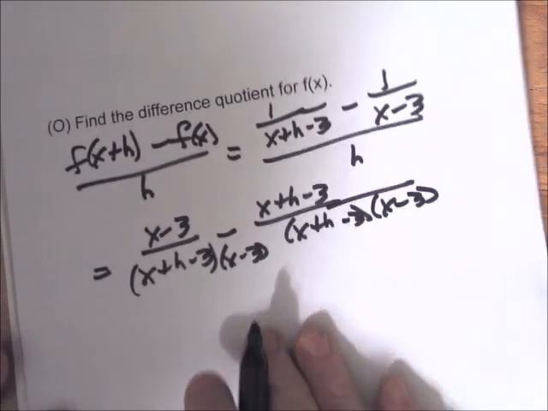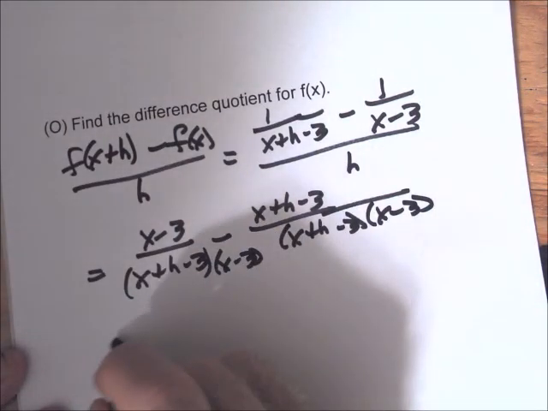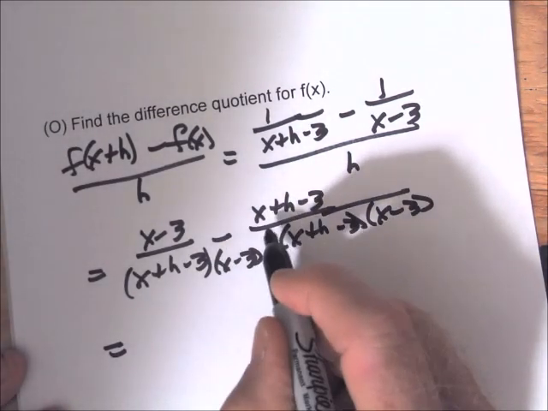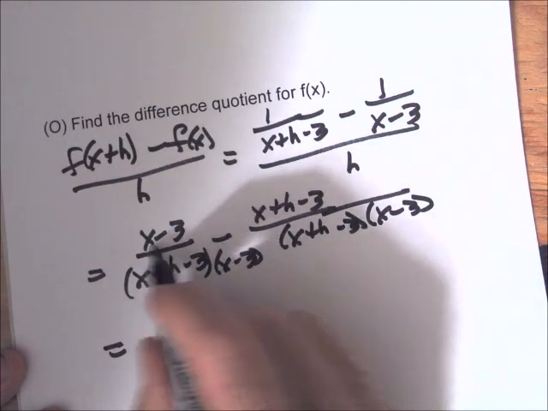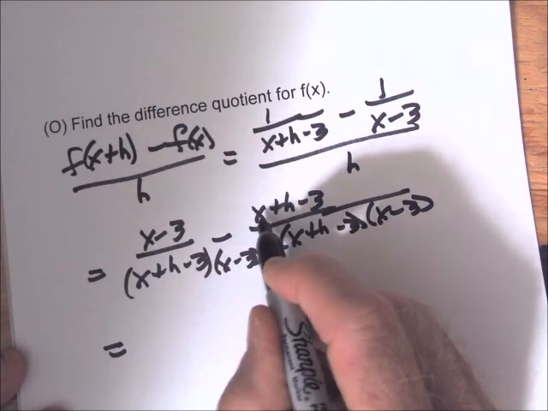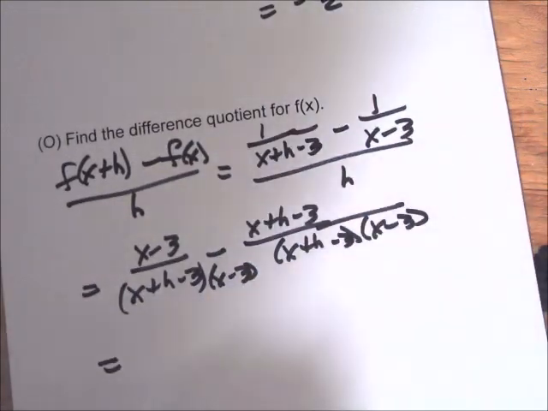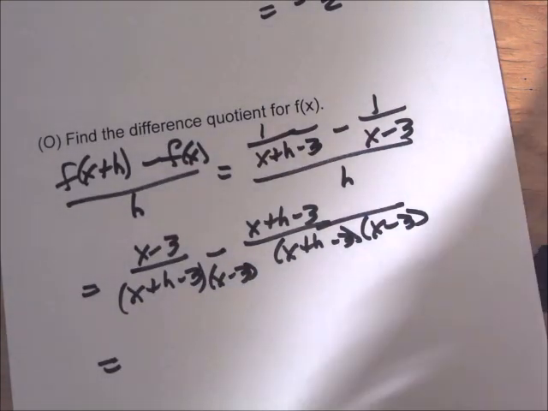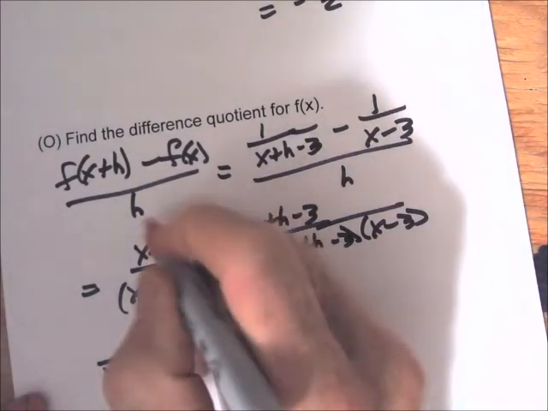So once we have a common denominator, then we can subtract. x minus 3 minus x plus h minus 3 is going to cancel out, so we're just left with the minus h when we do the subtraction.